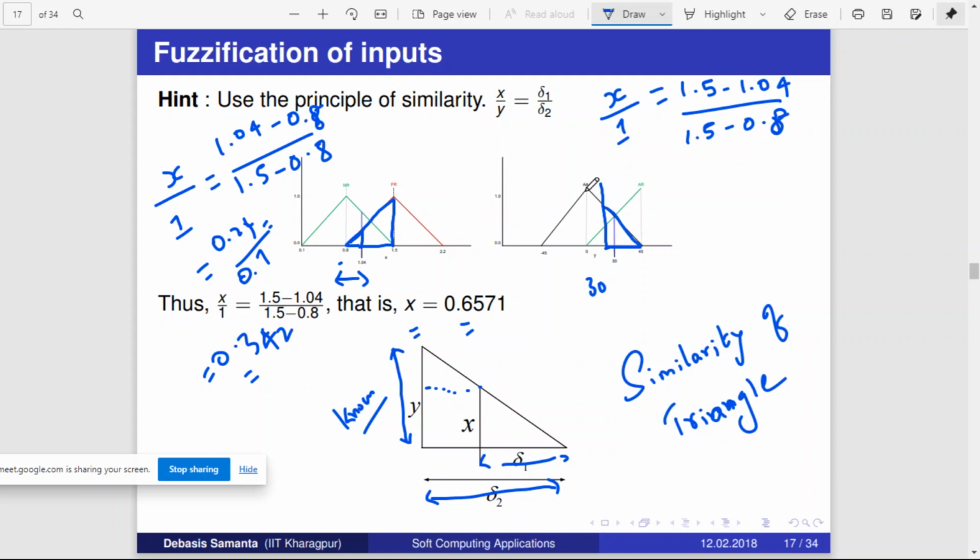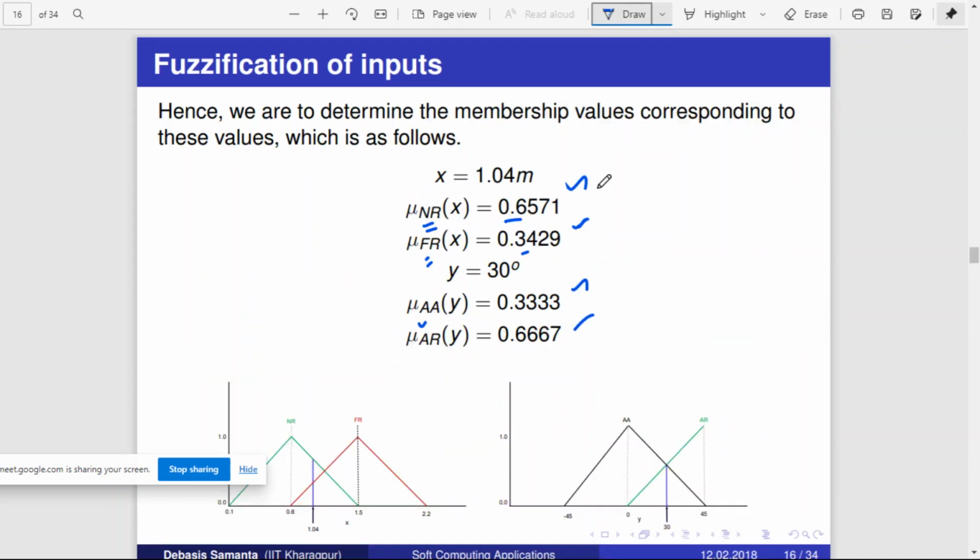Like that we calculated 0.342, and similarly you can solve for this also, so you got 0.33 and 0.667. This is how these values are obtained here.